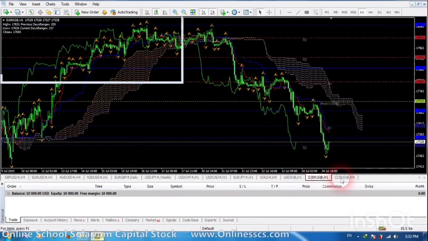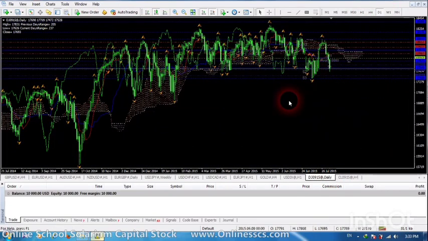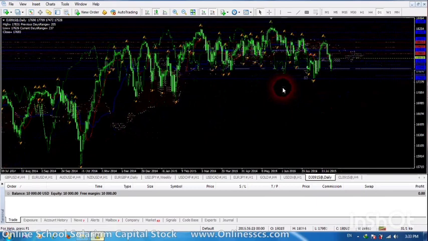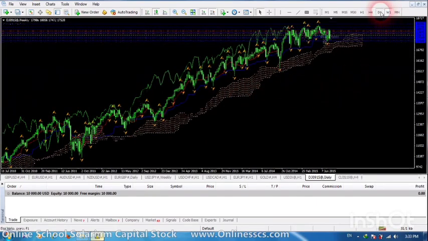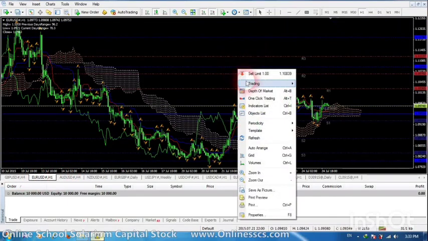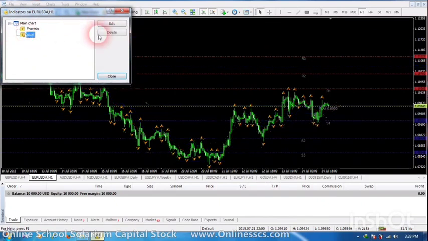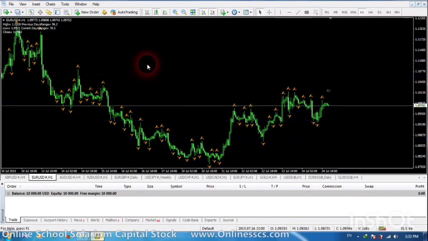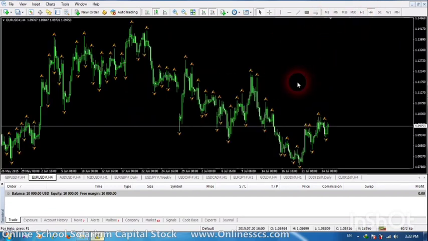So that was the pivots that we have located in our uptrend. I'm going to find another chart to show you more examples. Okay, so I'm going to repeat this because the pivots are very important.